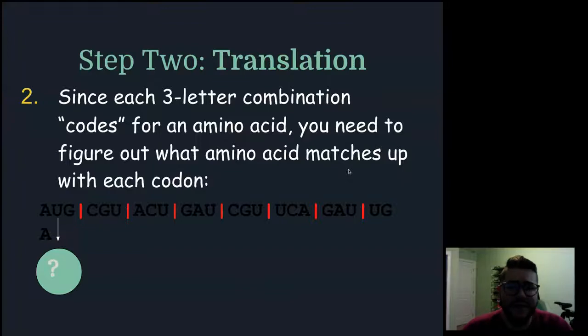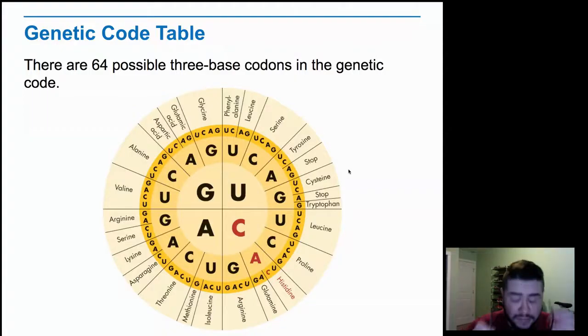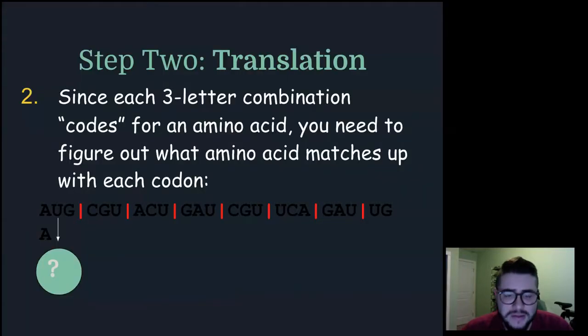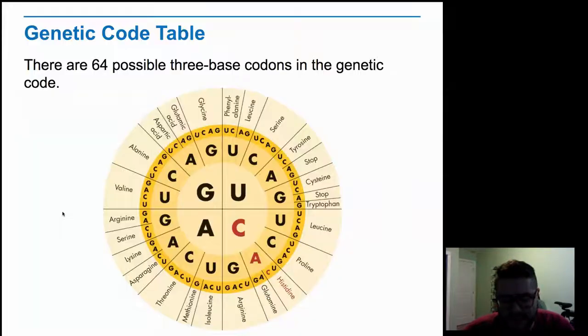And what we see is that we can use this codon table to figure out what possible amino acids can be made. Let's just look at this example here. In this example, I have the first codon as AUG. If I'm looking at this table, the first letter is the biggest one in the middle. So our first letter was A. And then I go to my second letter, which was U. So I look for the U in this next segment here.